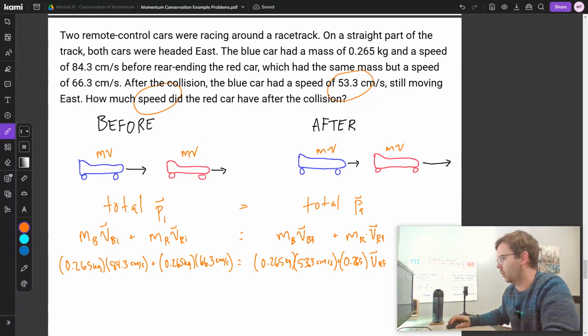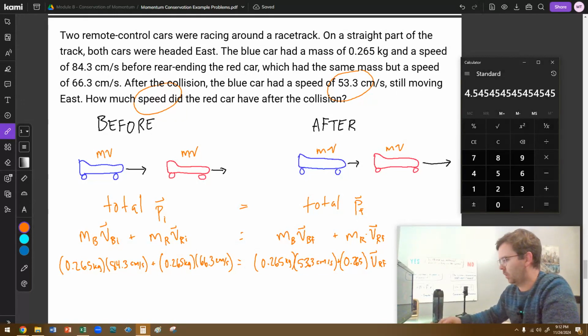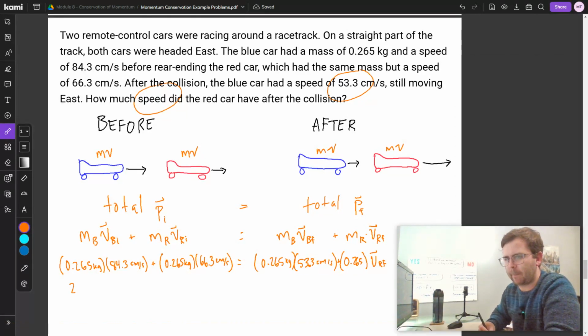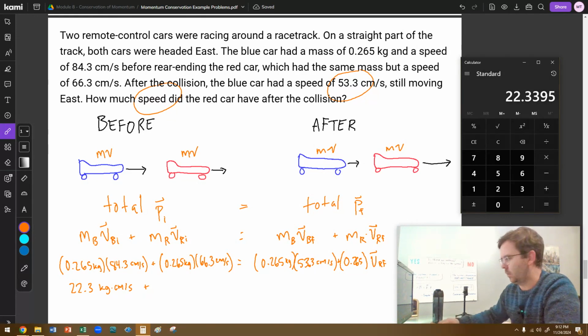So that's a lot of numbers, and we need our calculator now to put in these calculations. So 0.265 times 84.3, that's going to be 22.3. And the units here is kilograms times centimeters per second. The red car is 17.6.